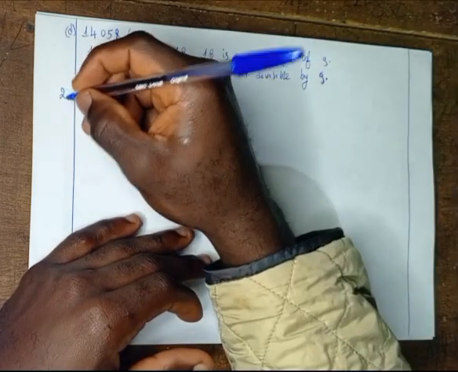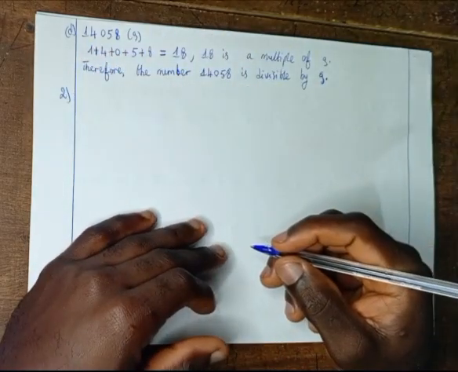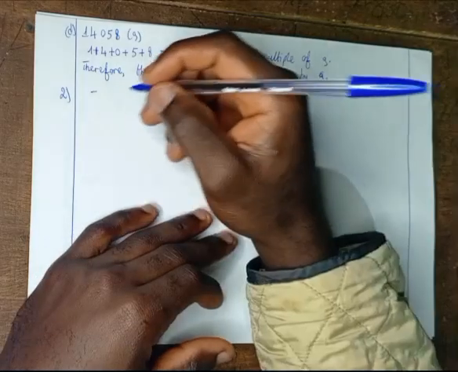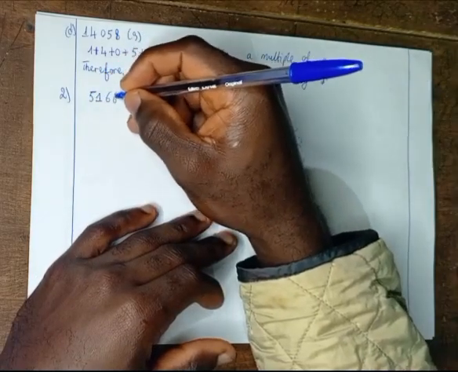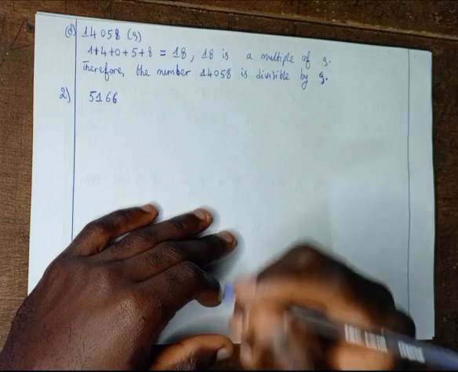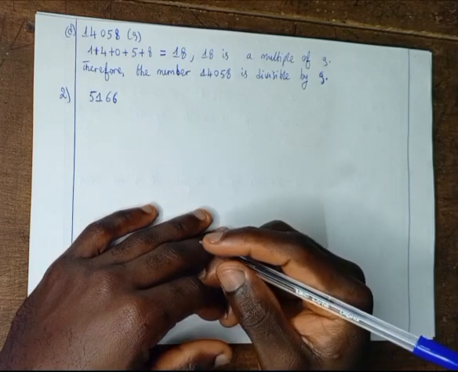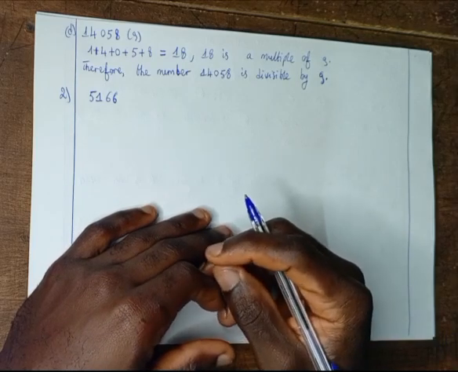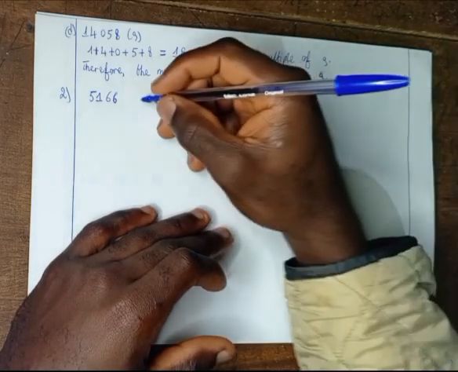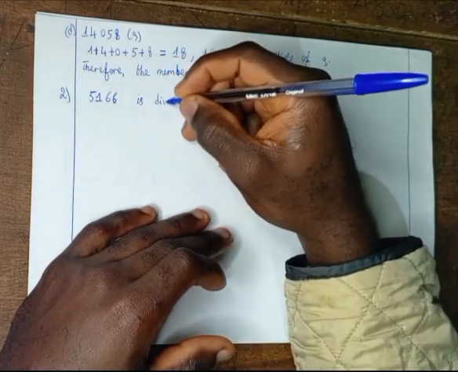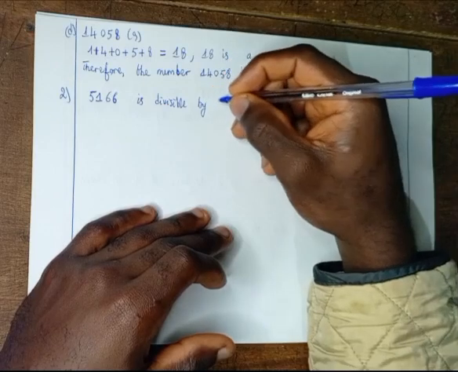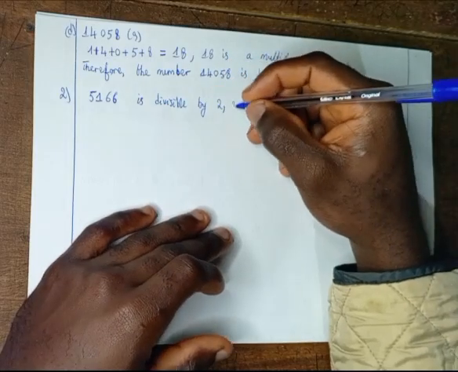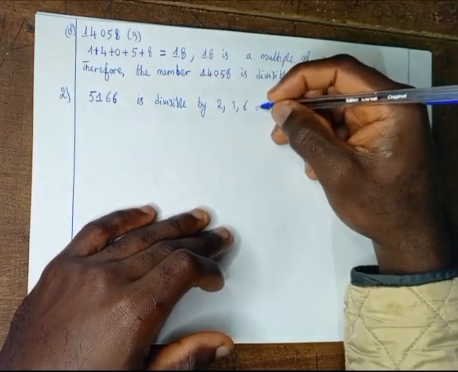Question 2. Question 2 says, check whether the number 5,166 is divisible by 2, 3, 6, and 9.